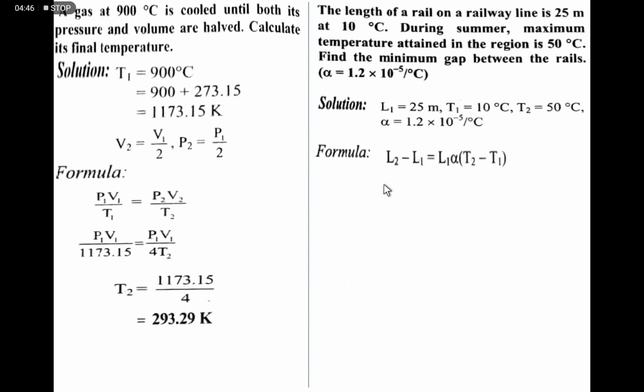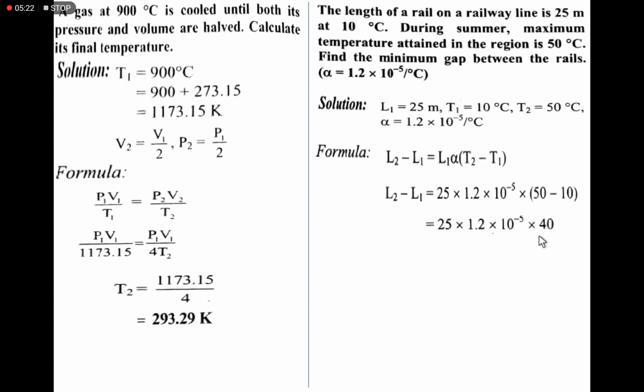Formula to use: the change in length of the rail has to be found out. This L2 minus L1 is the change in length and it is equal to L1 alpha (T2 minus T1). So here L1 is 25 meters, alpha is 1.2 into 10 to the power minus 5, T2 is 50, and T1 is 10. So 25 into 1.2 into 10 to the power minus 5, into 40.